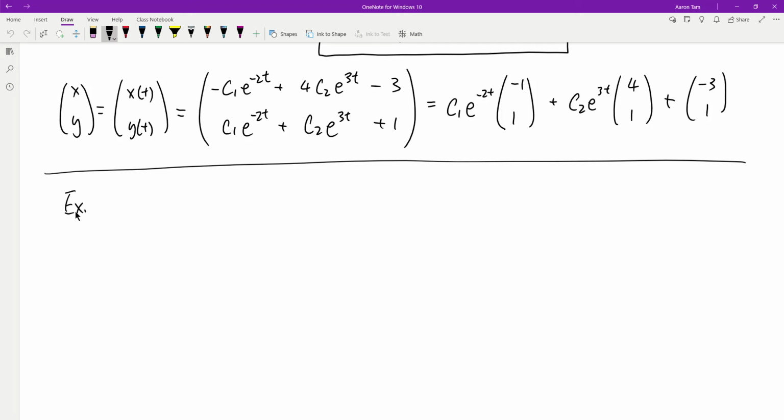This one will be a little tricky because it is actually a second order linear system. Oops, sorry, x.